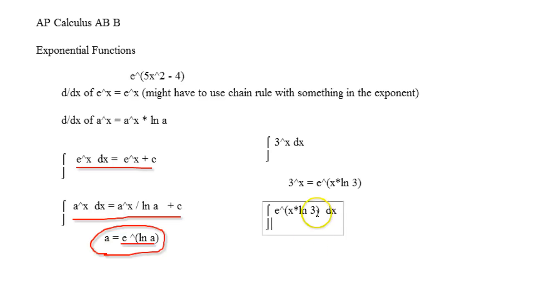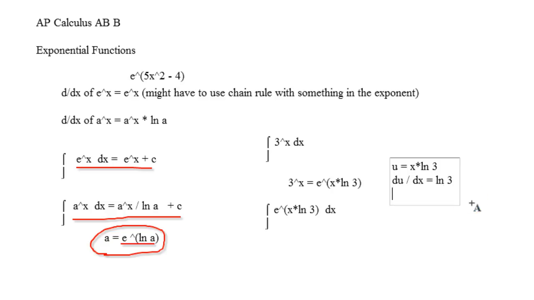Now I'm going to use u substitution, and u is going to be equal to x times the natural log of 3. When I do du/dx, this becomes just the natural log of 3.